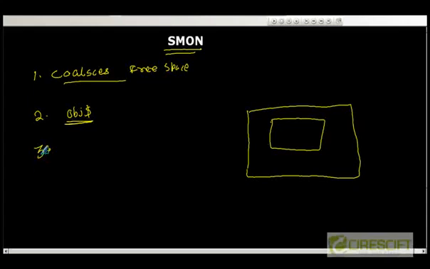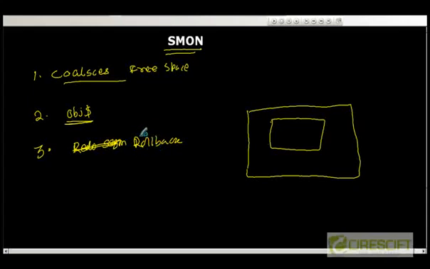Number three, we have the undo segment, the rollback concept. We have not taught it so far, but we are going to deal with it later. The rollback segment grows automatically.